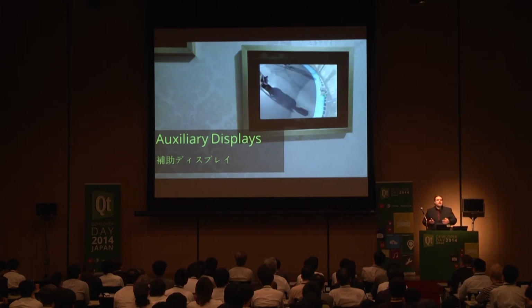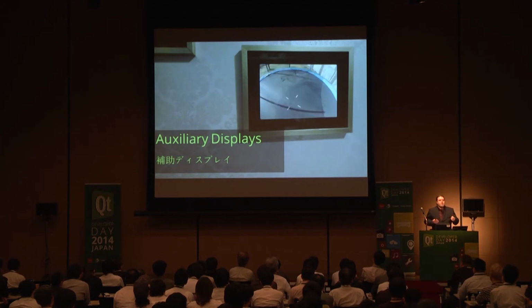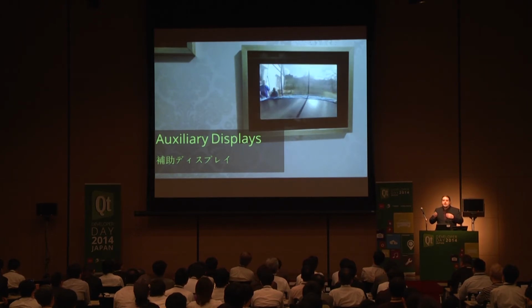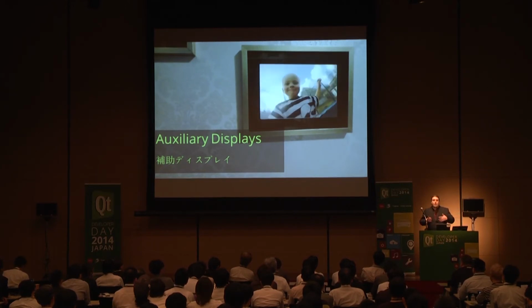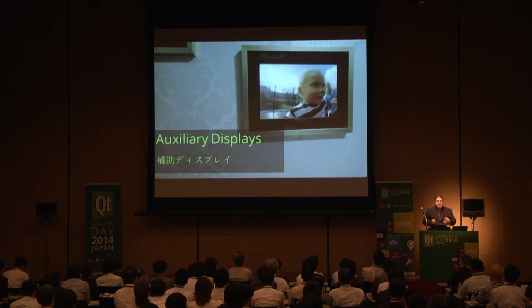So you need an auxiliary display to show the contents of the camera and to control the camera. The GoPro camera actually has its own wireless network that allows you to connect mobile devices to the network and control them, and then use those as screens for the embedded device.